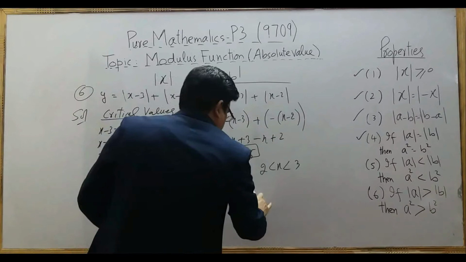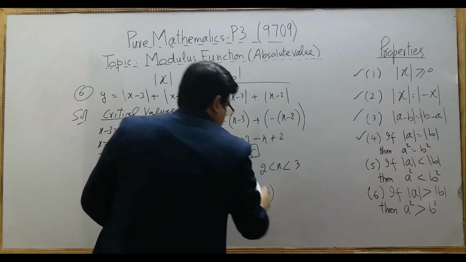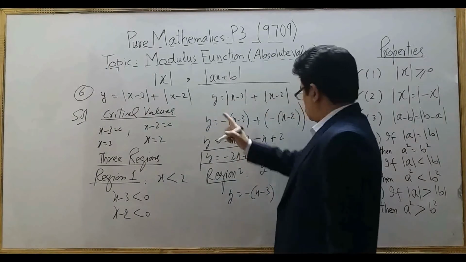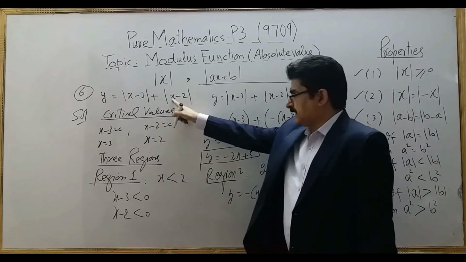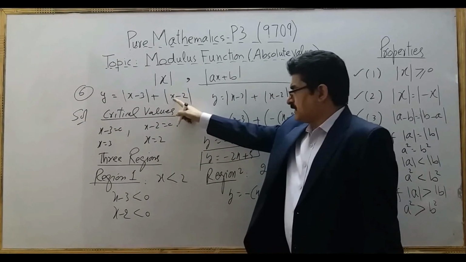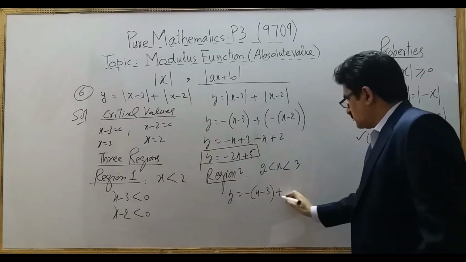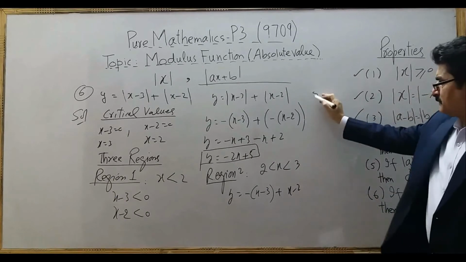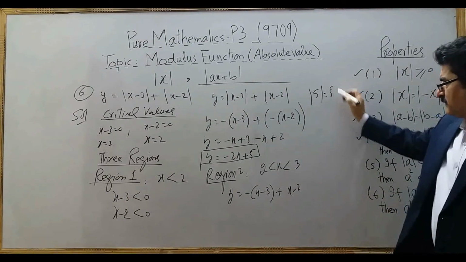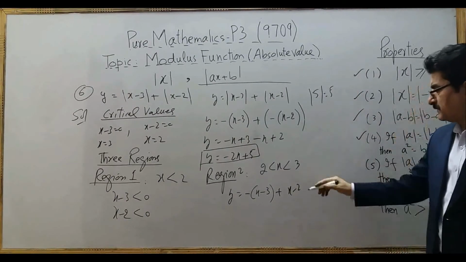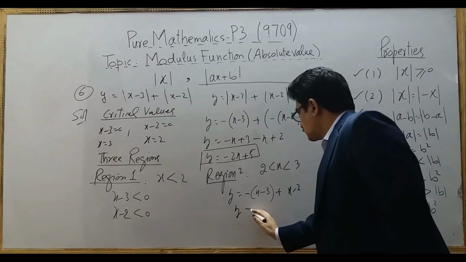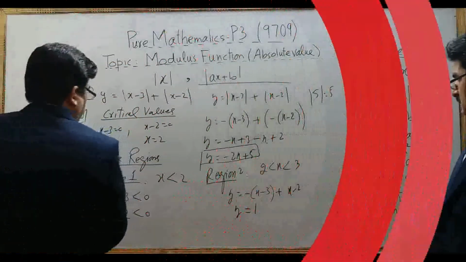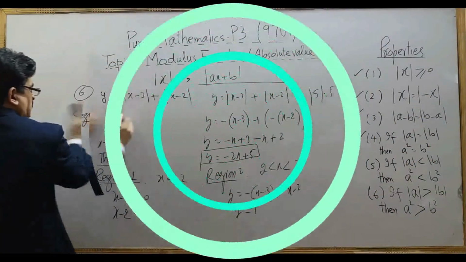So again we have to make it positive because it is modulus. But for x greater than 2, like 2.1, x minus 2 will be positive. So it is already positive. When you have a positive number, for example 5, mod will be equal to 5. Now on simplifying this, what you will get? It is equal to 1. X cancels.